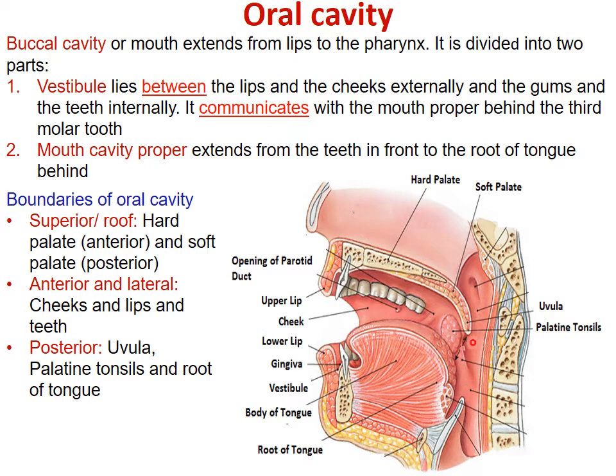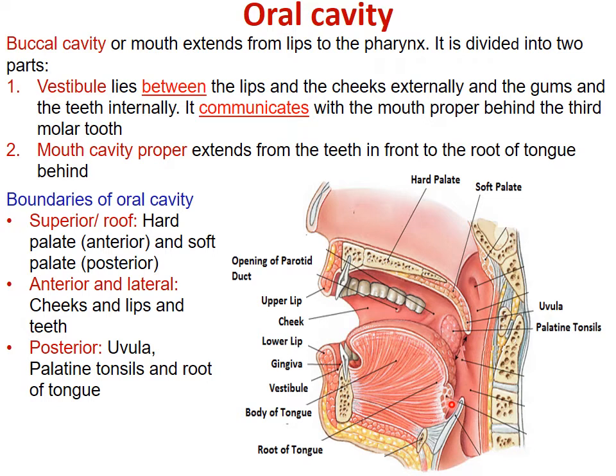When you open your mouth and look into the mirror, posteriorly you will find a hanging central muscle called the uvula. That muscle is also part of the soft palate. Then this is the tonsil, and this is the root of the tongue, right? The tongue starts from here, anterior to the epiglottis.